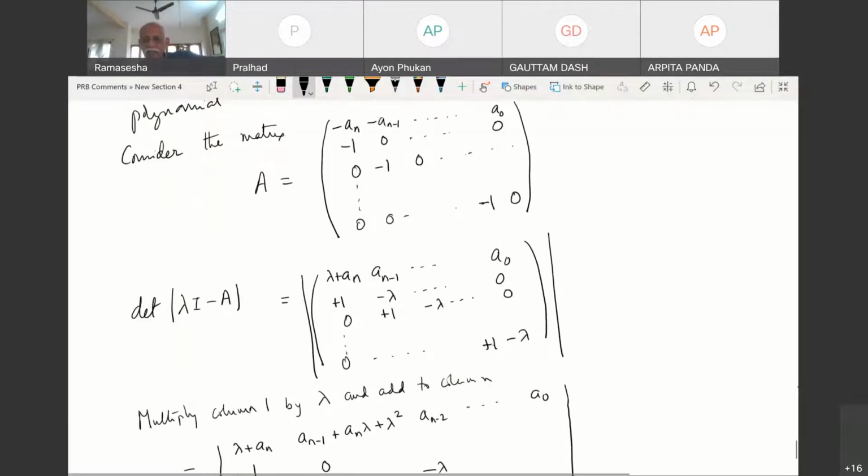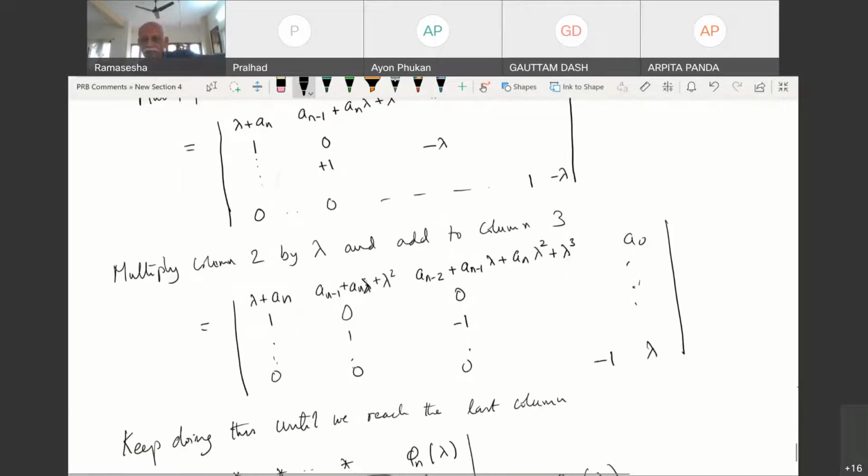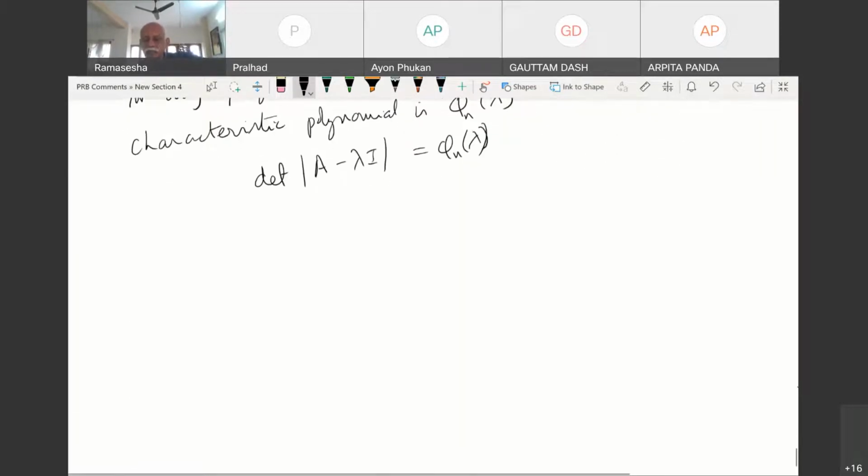Then you will see the characteristic equation for this one is the polynomial P and lambda. Okay, any questions so far? No?